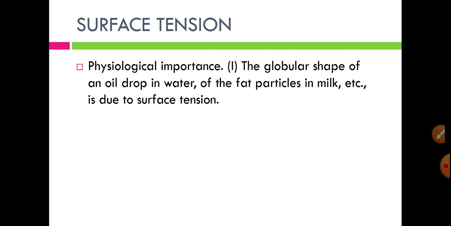Then, the physiological importance of surface tension. The globular shape of an oil drop in water, and the reason behind that globular shape of oil on the water is the surface tension. So surface tension is responsible for the globular shape of oil drops in water, also the fat particles in milk.